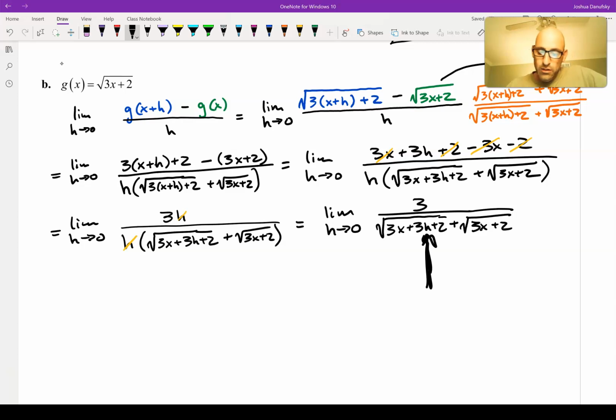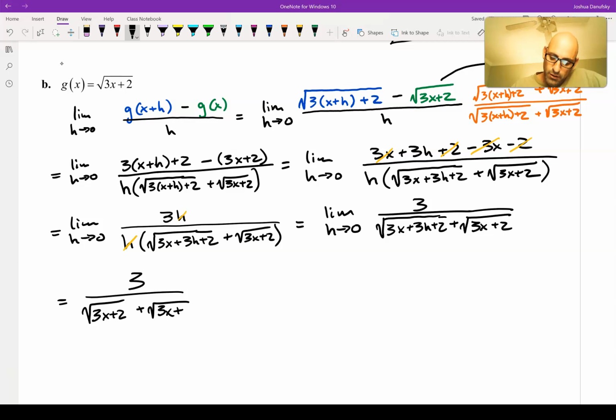I see people do strange things after all this work, and then they put the 0 in for x, but that's not the case. We're plugging it in for that h right there, and that's going to cancel off that term, right? 3 times 0 is 0. So we end up with a 3 on top. We have the square root of 3x plus 2 plus the square root of 3x plus 2, and that will give us a 3 on top.